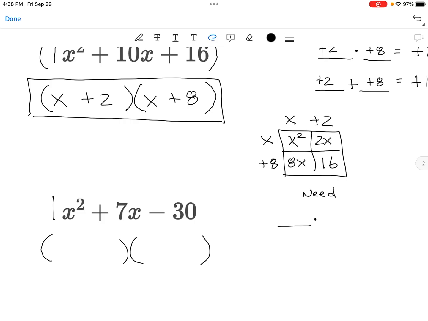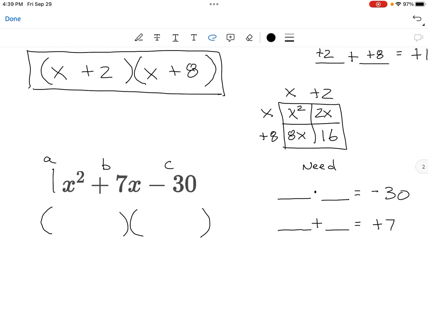You're asking yourself what 2 factors when you multiply will give you a negative 30. This is our A, plus 7 is our B, and C is our negative 30. But you also need these 2 numbers, whatever they are, to add together to give you plus 7.